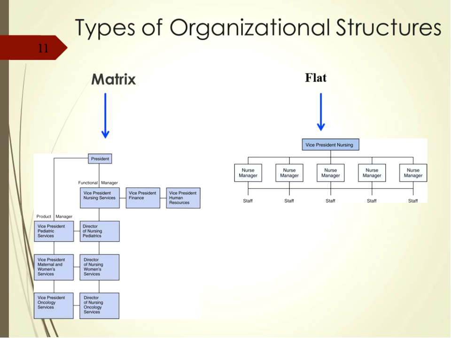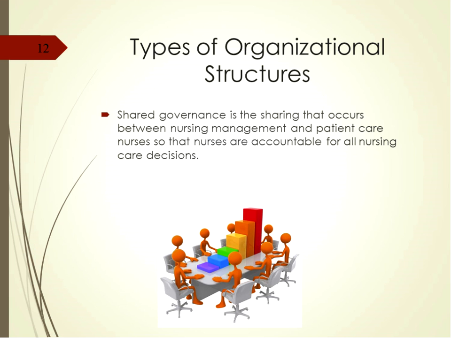Matrix structures are complex and integrate both functional and service considerations. The manager of a matrix structural unit reports to both a functional manager and a service line manager. Flat structures focus on the delegation of decision-making to the professionals doing the work. They have full authority to take action without seeking input from others.